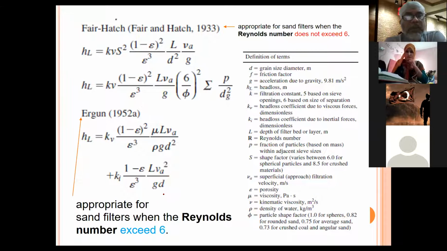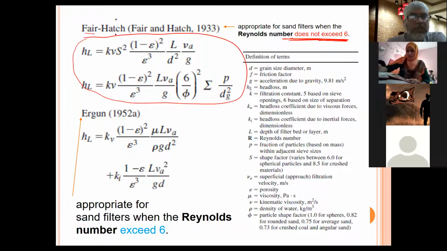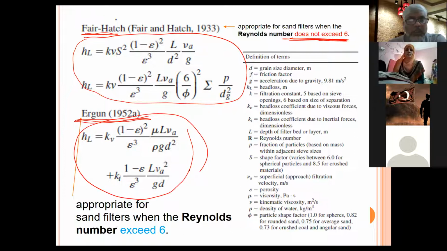There are some more equations. When Reynolds number is not so low, or more than 6, then we can use this equation developed by Fair and Hatch, or another very famous equation, the Ergun equation.